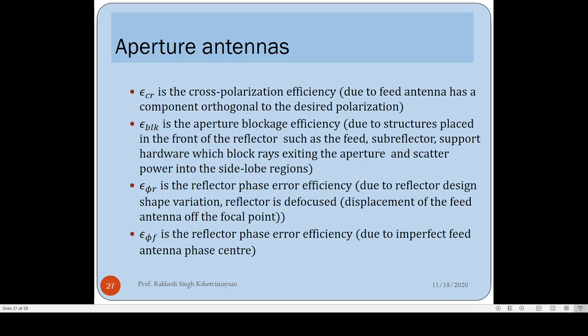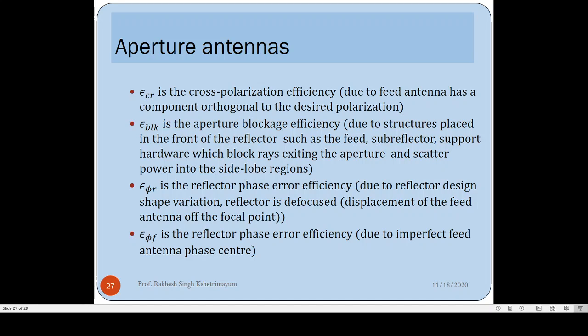Another is that for the prime focus reflector, you put the feed antenna at the focal point of the parabolic reflector, but it may not be properly placed. It may be displaced from the focal point. This is called defocus: the reflector is defocused. Because of that, you may have some reflector phase error efficiency.